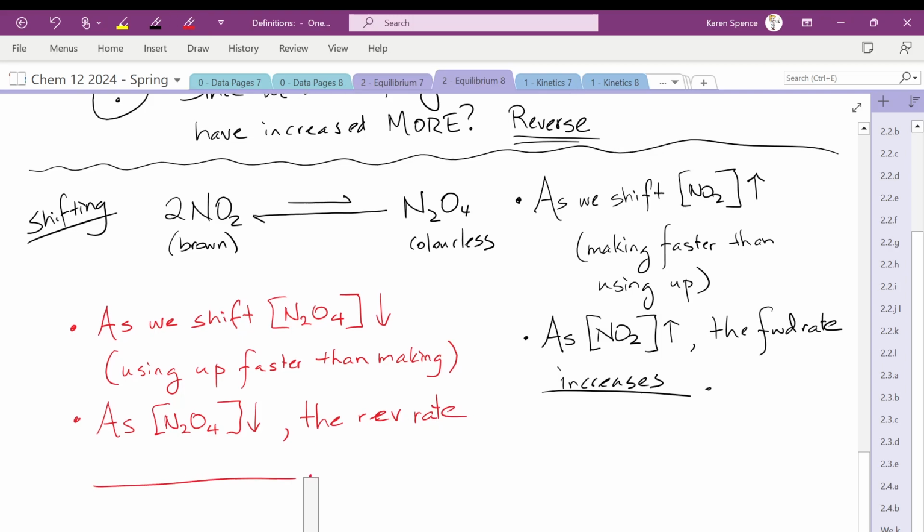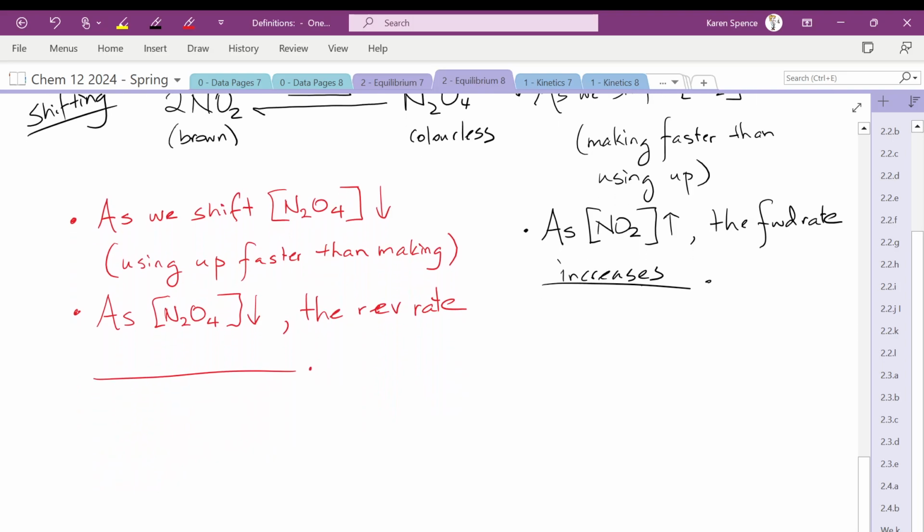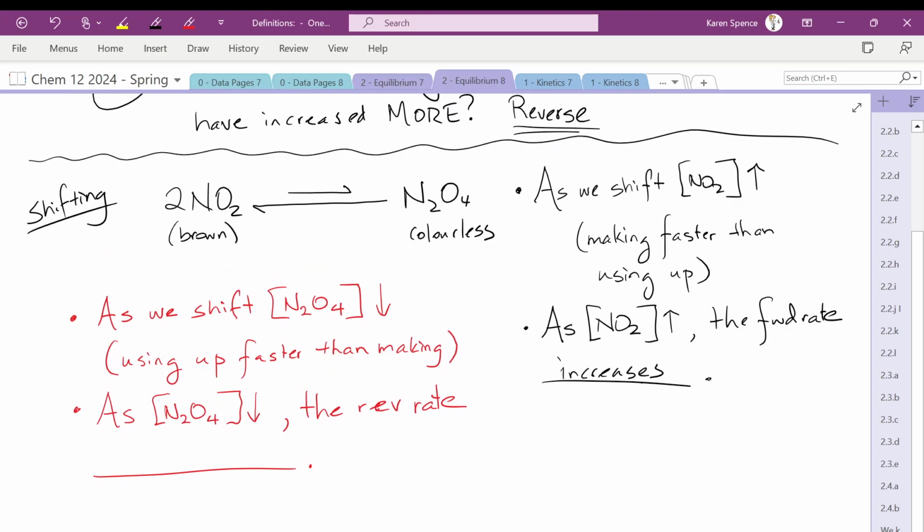Chat with your neighbor about that. What's going on? I have fewer product molecules.